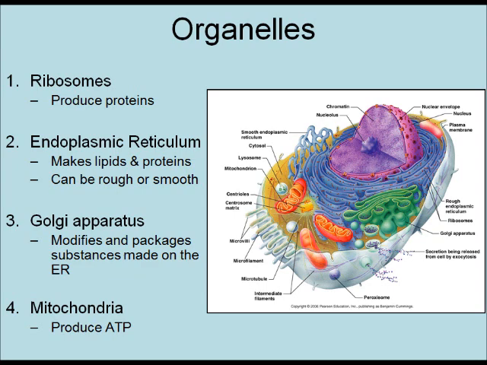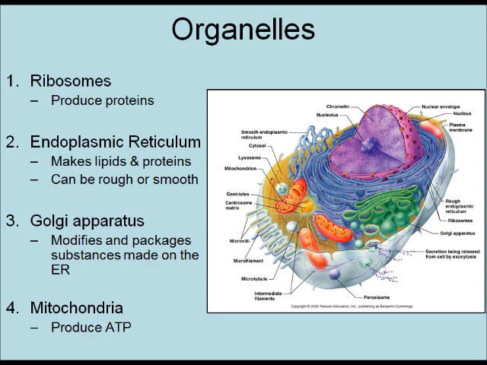There's also what's known as smooth endoplasmic reticulum, and you can see some examples of that over there, which does not have the ribosomes embedded within it, but is playing that same role, producing lipids within the cell and acting as a production area within the cell itself.